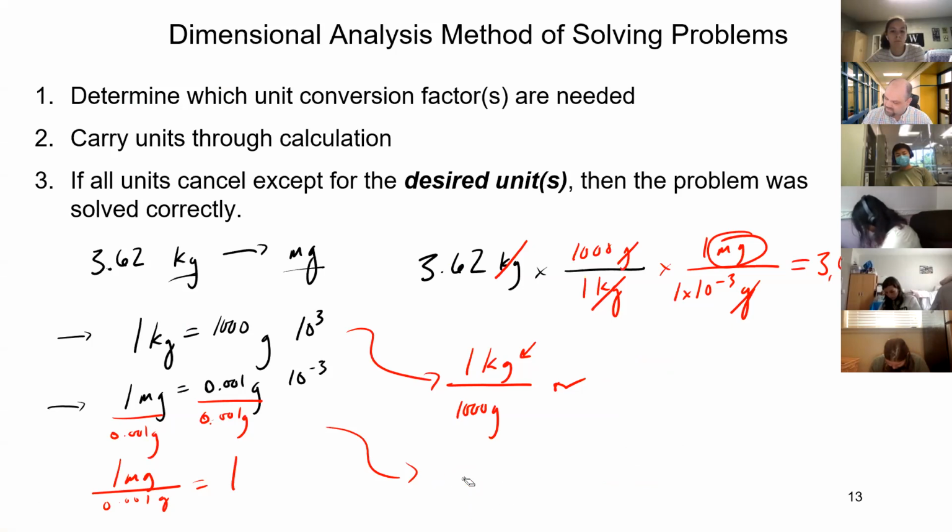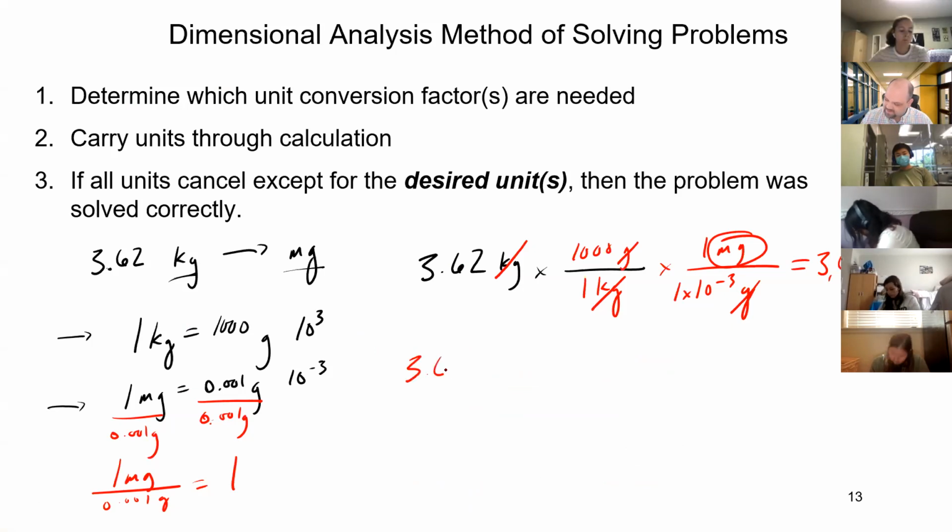So in my calculator, I did 3.62 times 1,000, right? I don't need to do this divide by 1 because that doesn't change my answer. I don't need to do this times 1 because that doesn't change my answer. But I need to do divided by 1 times 10 to the negative 3.